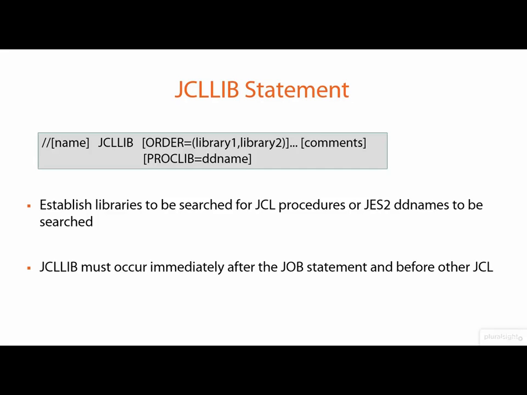The JCLLIB statement has to be coded after the JOB statement, but before you execute any other JCL. So before any other JCL statements like EXEC statements or anything else occur, that would be where the JCLLIB statement is going to be coded. Because that's going to direct the system as to which libraries you want to search for any JCL procs that you encounter in the rest of your job.